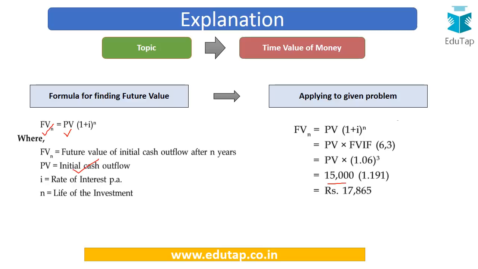The rate of interest is 6% and the period or the life is 3 years. So we put in the figures, 15,000 into 1.06 to the power 3, and this comes out to 1.191, and if we multiply this we get the answer rupees 17,865.